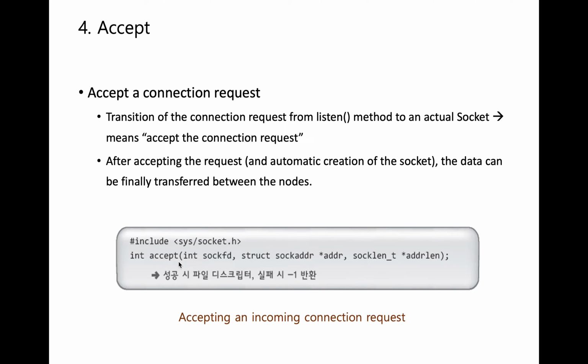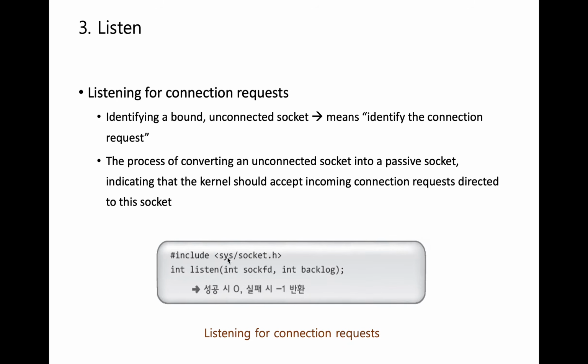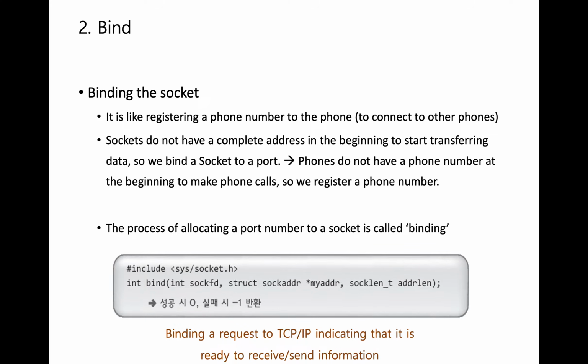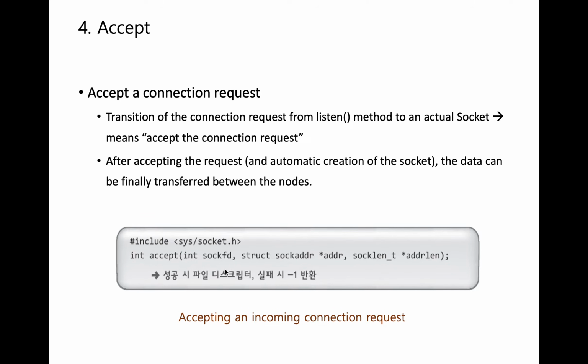So let's take a look at this function, accept. Still we have the socket file descriptor and the address and then the address length. So it's basically the same thing as the binding step, but the function name is accept.